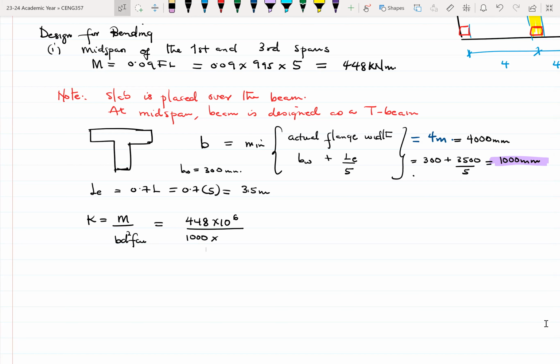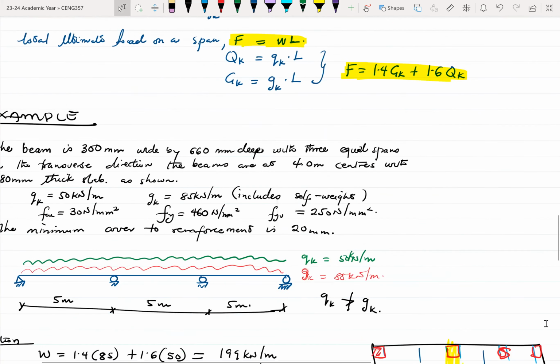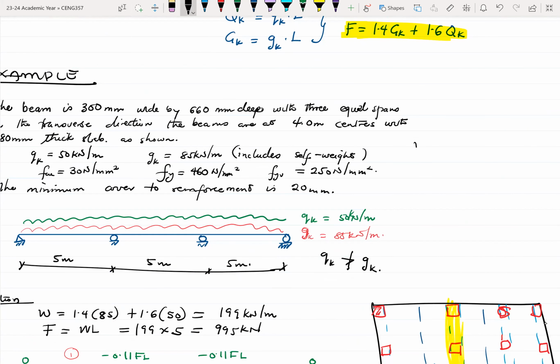We're not given D. So let's assume D for now. So coming here, this is our beam. Here is 300. This whole thing is 660. All right. So let's assume that we are using tension reinforcement.